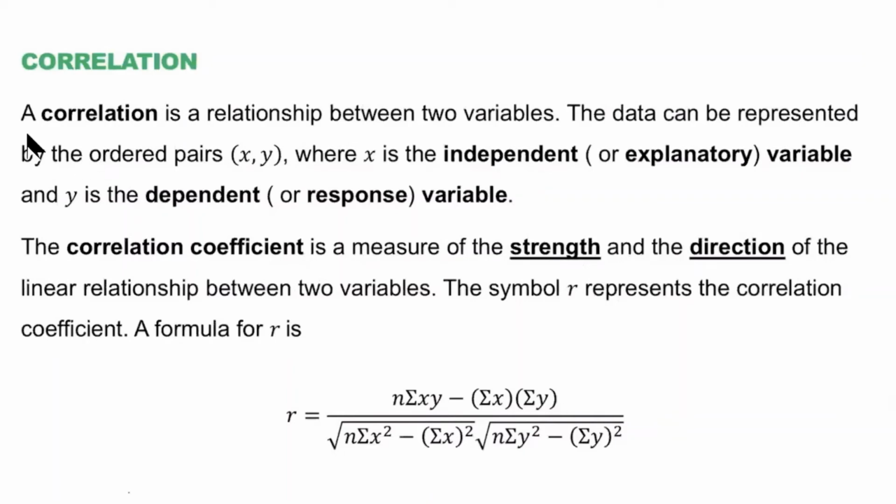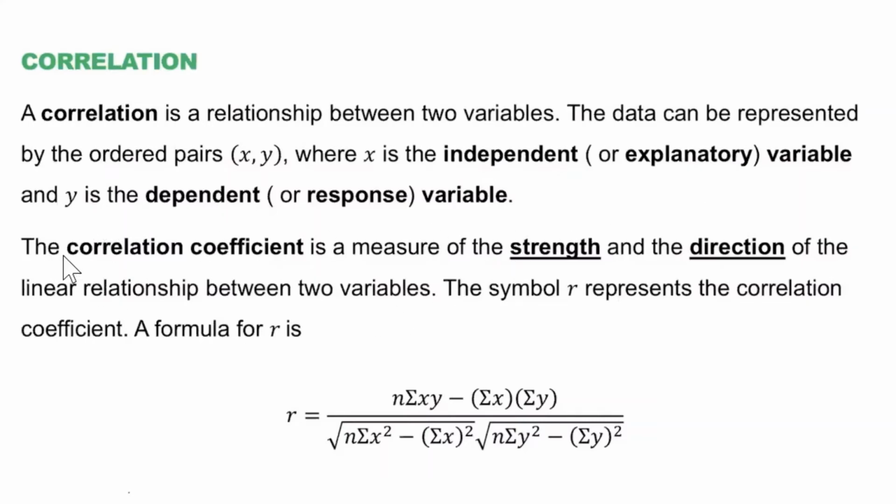So let's quickly read what correlation is. A correlation is a relationship between two variables, the independent variable and the dependent variable. The data can be represented by ordered pairs. You have already seen in the previous two slides where we plot the ordered pairs, where X is the independent or explanatory variable and Y is the dependent or response variable.